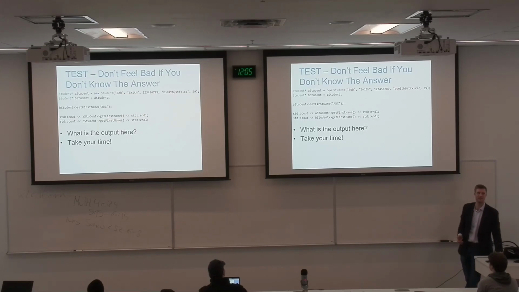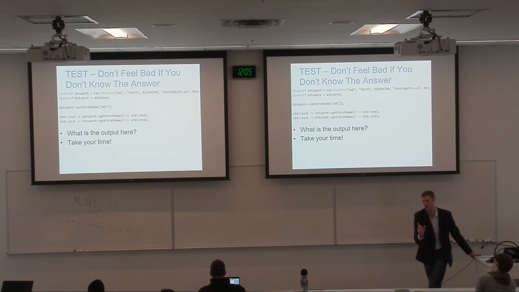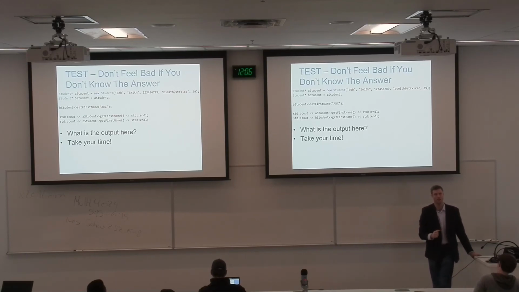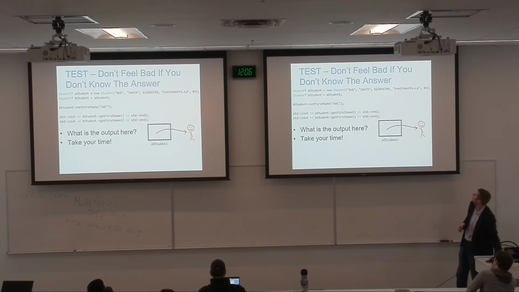What about this one? How many student instances are there? One. And what am I copying over on that second line of code? I'm copying over the contents of the variable, but the contents of the variable is not a student object, it's a pointer. So I create another pointer pointing to the exact same object. So this is what happens. Whoop, changed it.